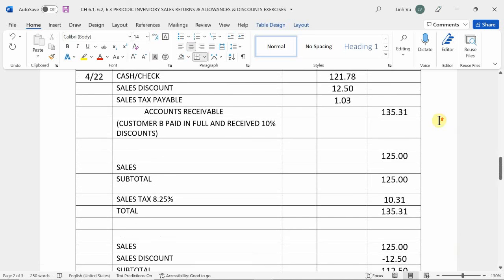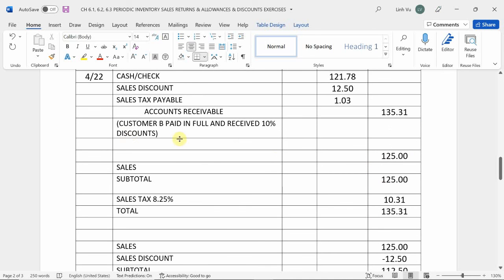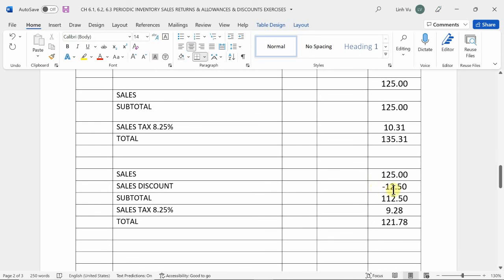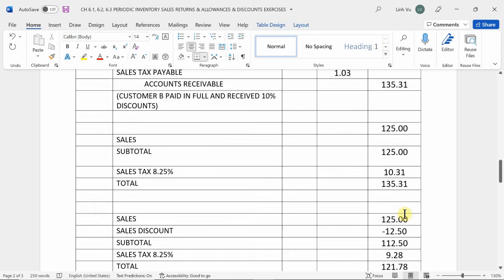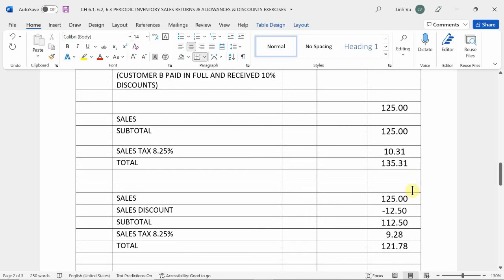And the difference between this: in this case, this is my full original sales. Here, I calculated a discount, which is only 10% of my original sales, so there's my $12.50. Now, in this case, I got charged $9.28 tax as opposed to $10.31.